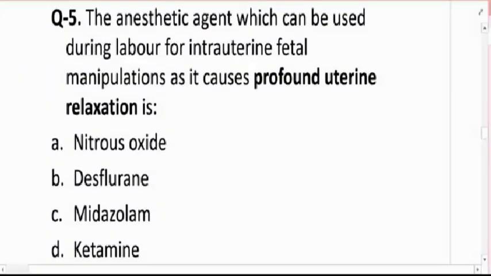Now, question number 5. The anesthetic agent that can be used during labor for intrauterine fetal manipulations as it causes profound uterine relaxation. Now, all inhalational anesthetic agents cause profound relaxation of the uterus.